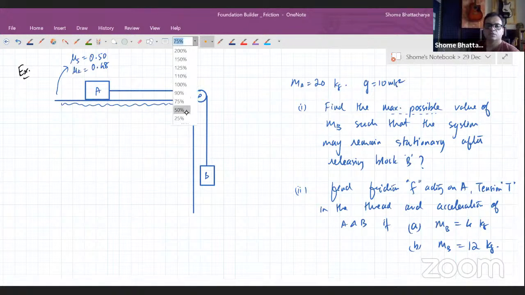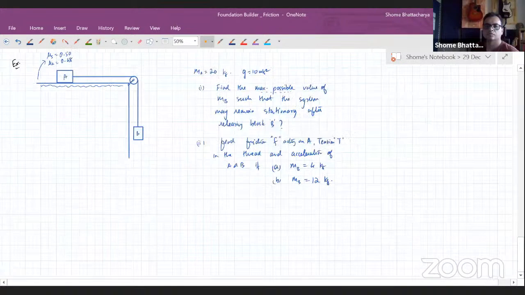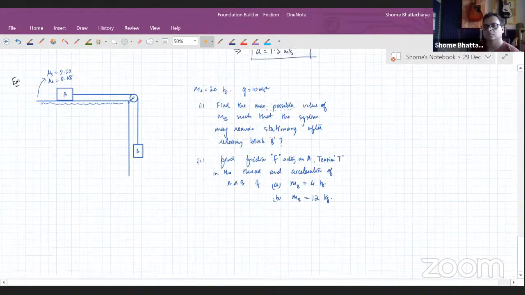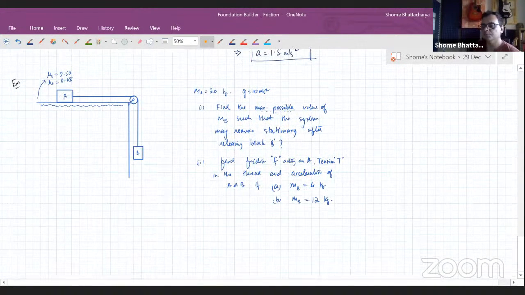So let's try out this question now. You can see the weight of B is pulling it down, creating a tension in the thread and giving the tendency of the block A to slip towards the right. Because the moment you release B, the weight of that block will cause the string to develop tension, and the string developing tension means it's pulling the block A towards the right.